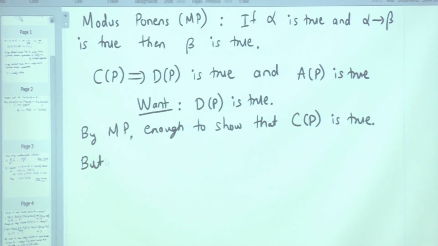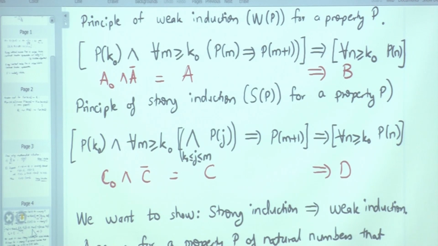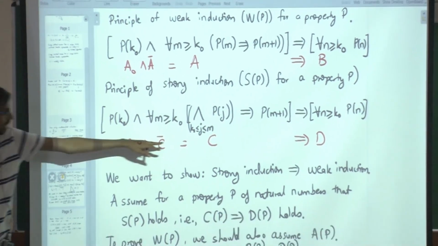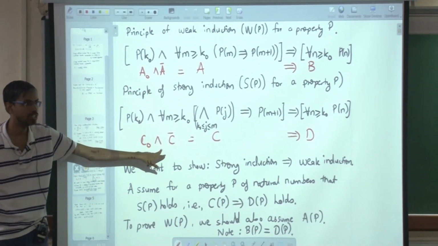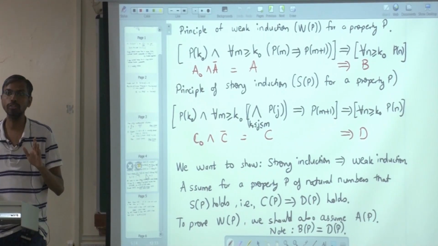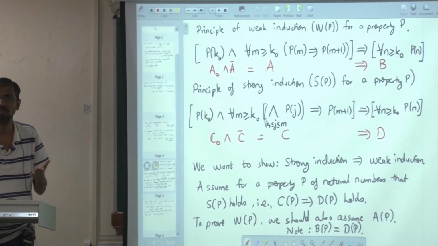But C(P) is C0(P) conjunction C bar(P). Okay, so I'm writing this, hopefully you have finished, and I'm going to go back. Observe, C is C0 conjunction C bar. We want to show that C(P) is true.